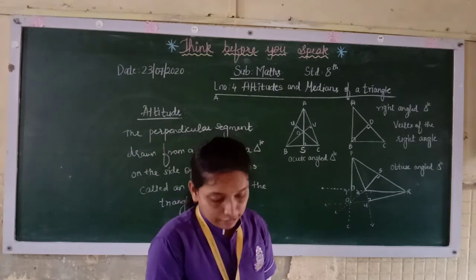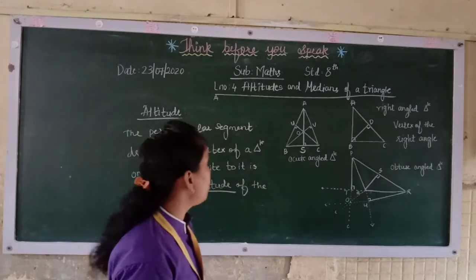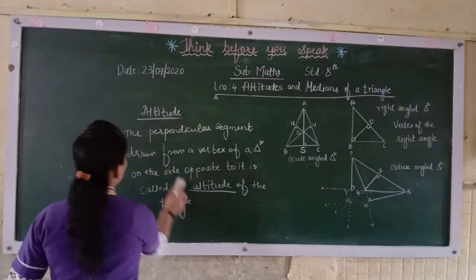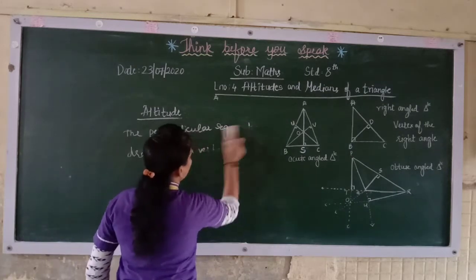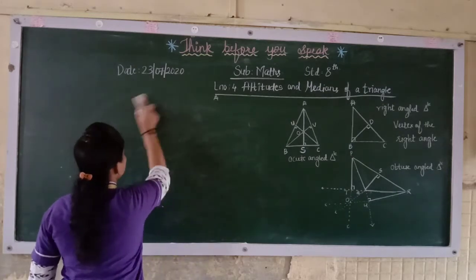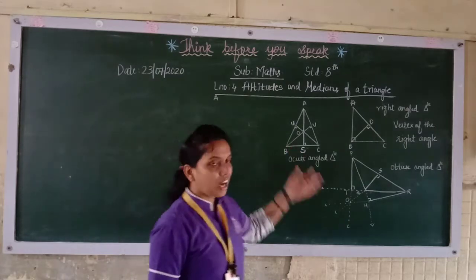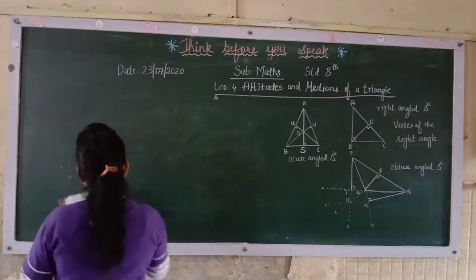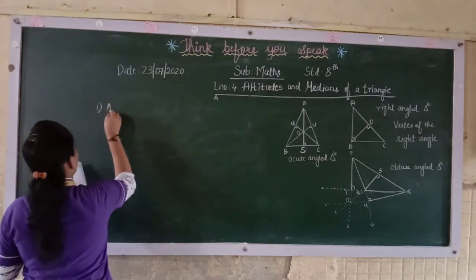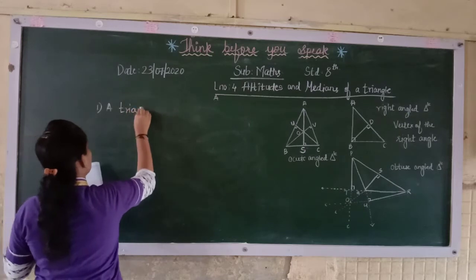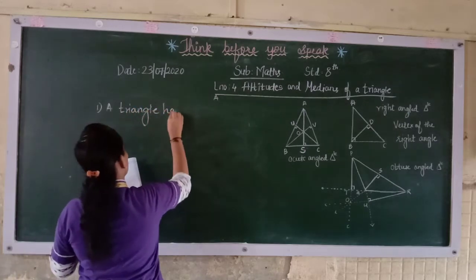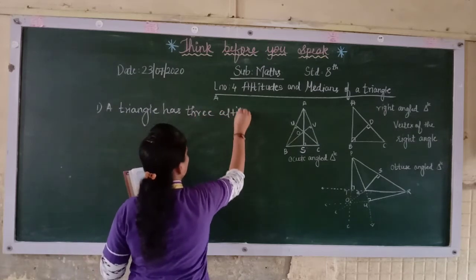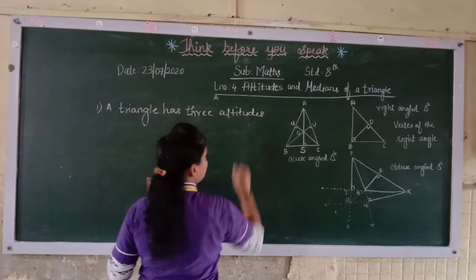Now further, you will have to remember some points. If this is a triangle, how many altitudes can you draw in a triangle? See, as it is having three vertices, it will have three altitudes. So first one, a triangle has three altitudes.